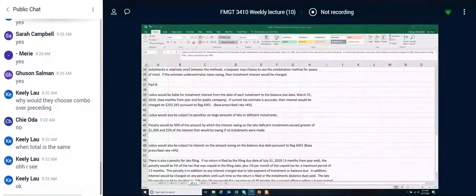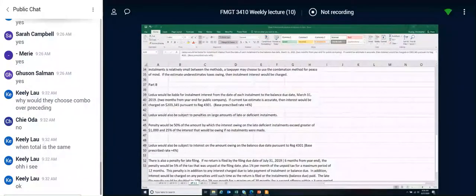Now, in this particular solution, what is being indicated here is that the balance due date is March 31st. So my question to you is, is that correct?